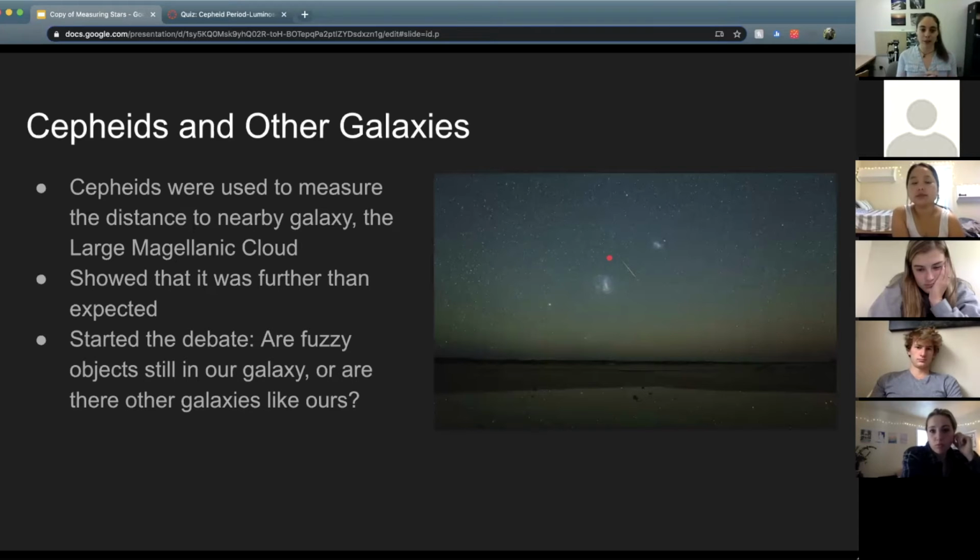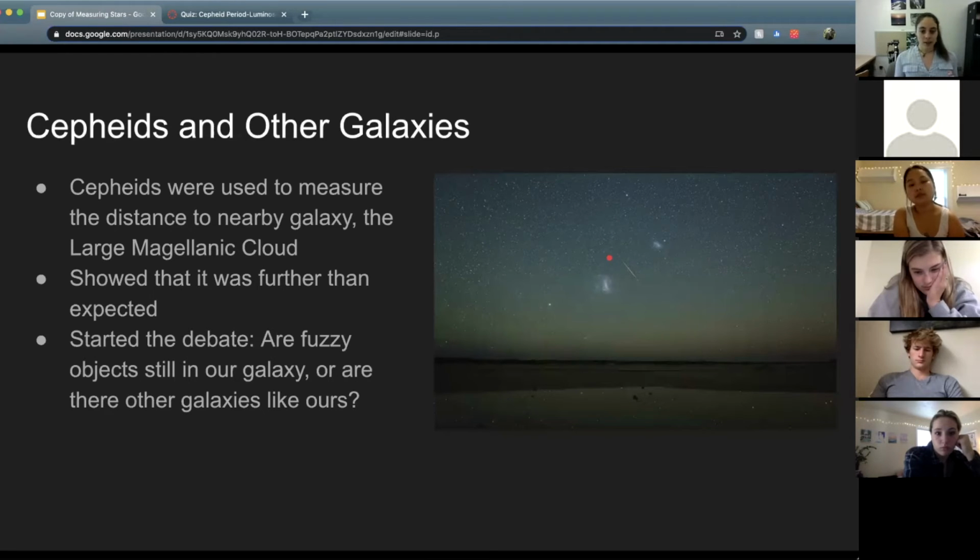She found this relationship between period and luminosity of Cepheids and was able to use it to measure the distance to the Large Magellanic Cloud, showing that galaxies were even further away than we realized. That started a debate about what galaxies actually are, which we'll get to talk about more as we get into our next badge.